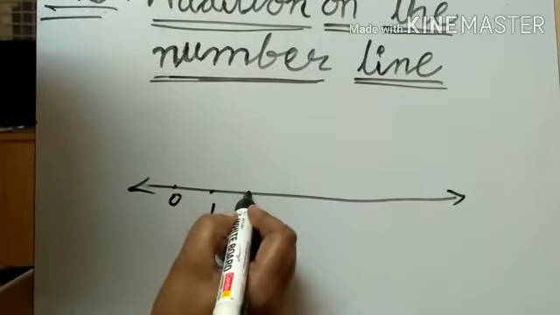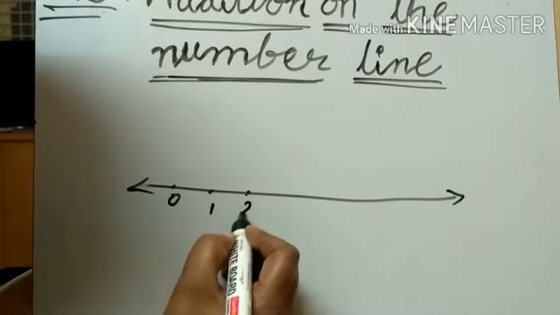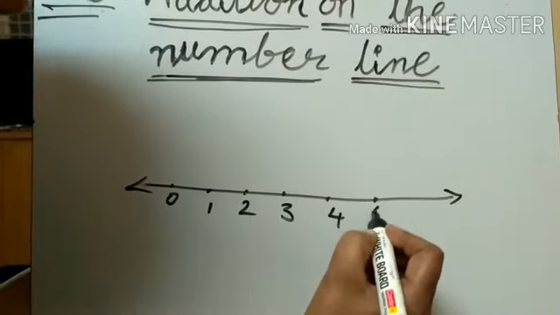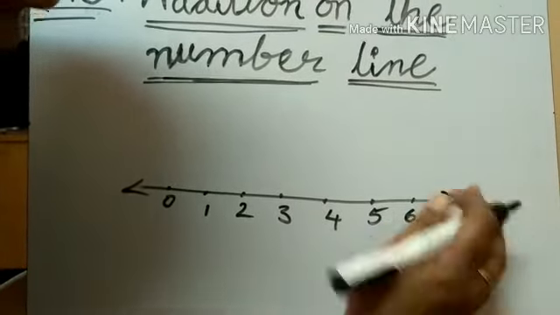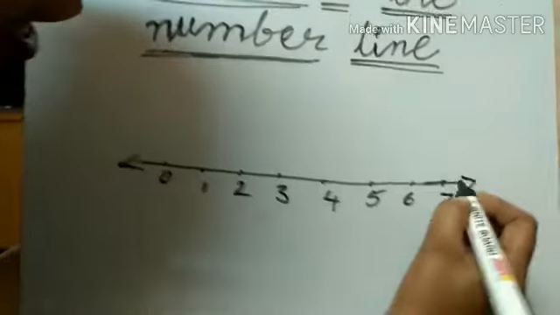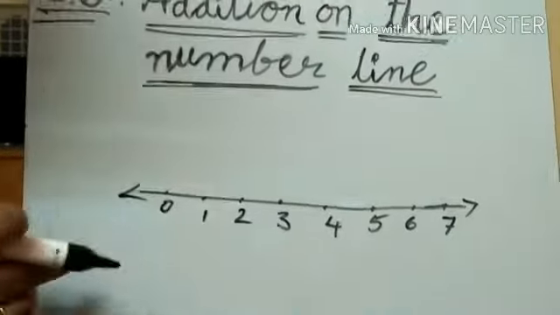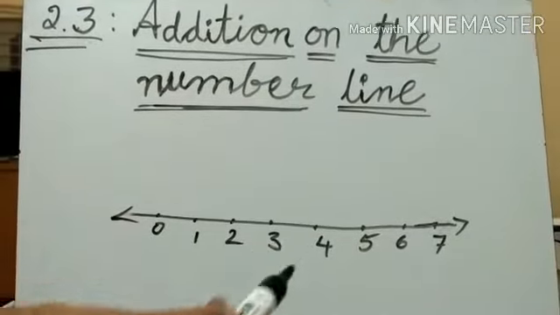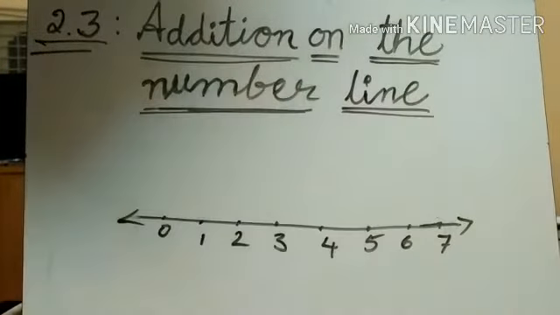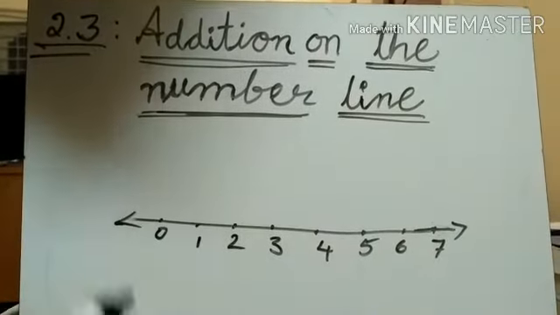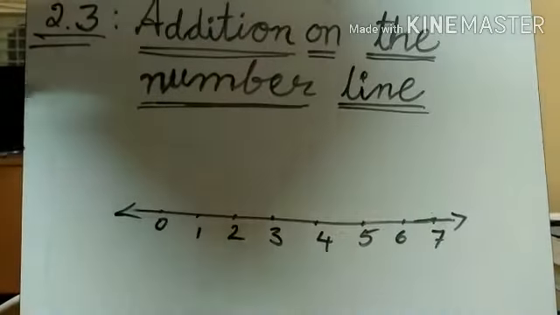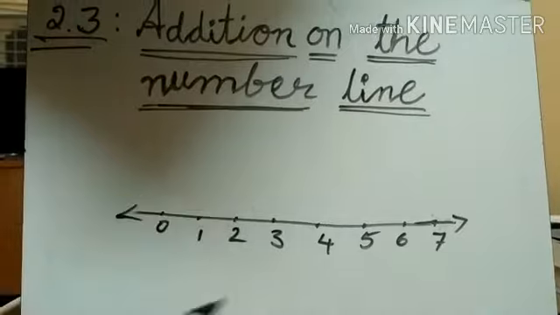We start from 0, 1, 2, 3, 4, 5, 6, 7 and so on. If you write numbers at equal distances, that becomes a number line. Now this becomes a number line.